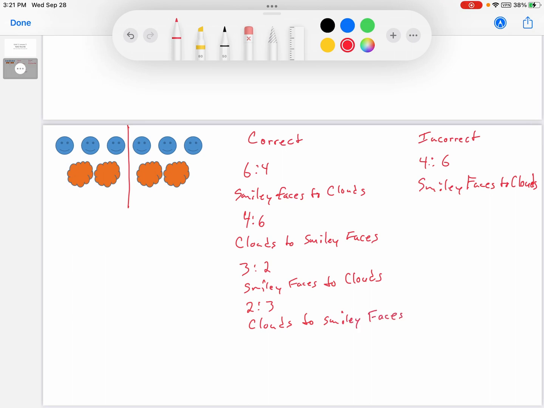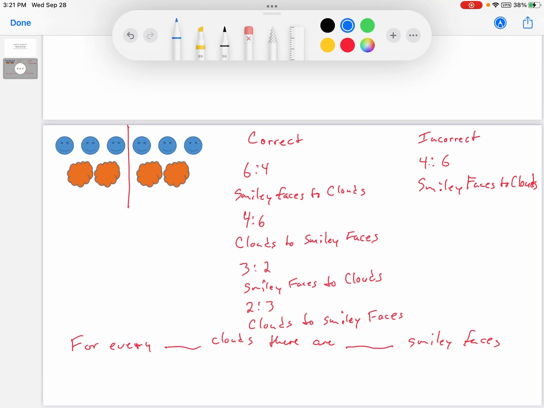Another way that we could describe it is that for every so many of these, there are so many of those. So, for every blank clouds, there are blank smiley faces. Let's answer that. So I have a few different ways that I can answer it.